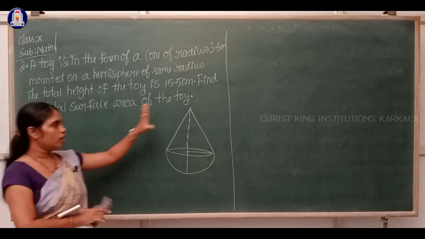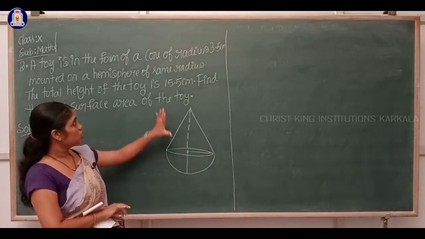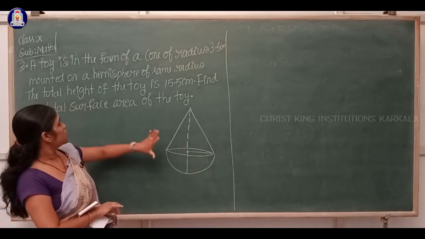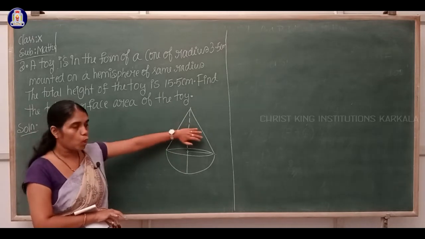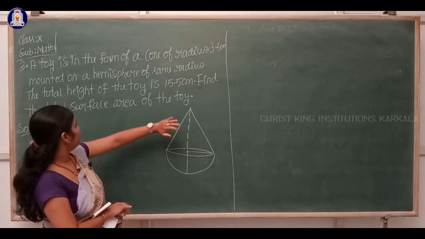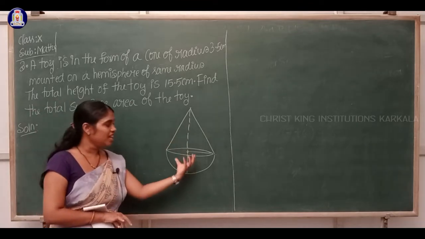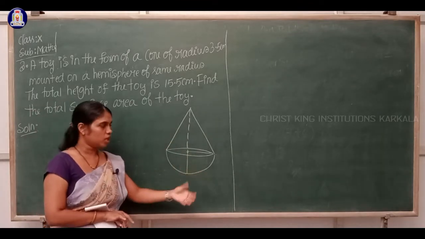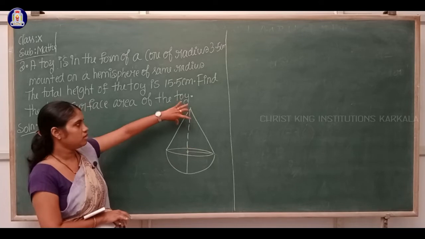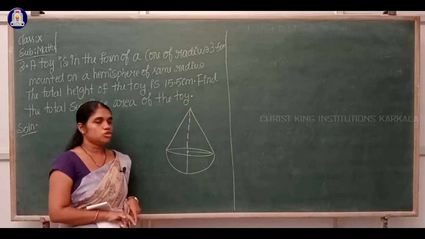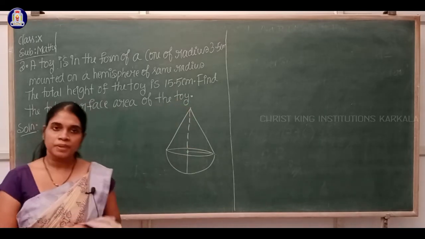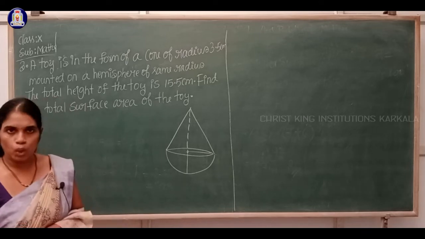See here, one toy is given. This toy is in the form of a cone of radius 3.5 centimeter, which is mounted on a hemisphere. So this is the hemisphere and this is the cone. This toy is a combination of a hemisphere as well as a cone, isn't it?